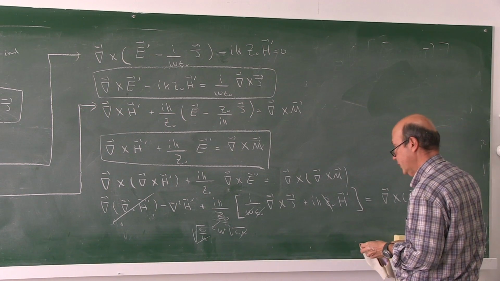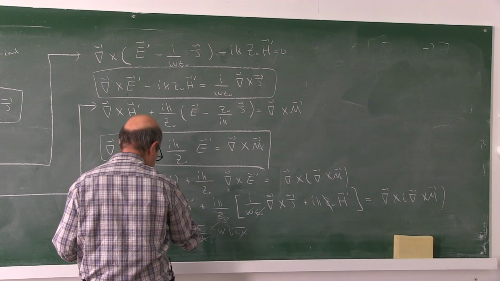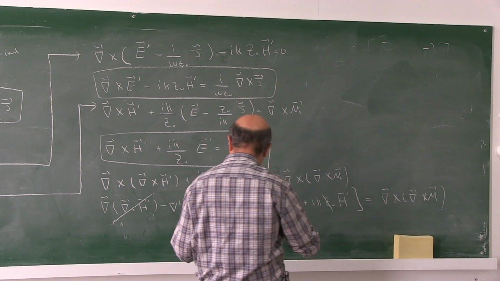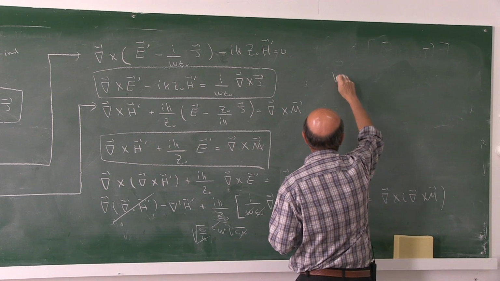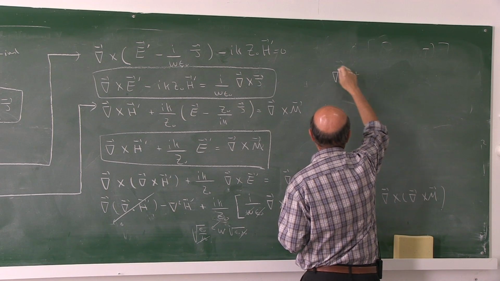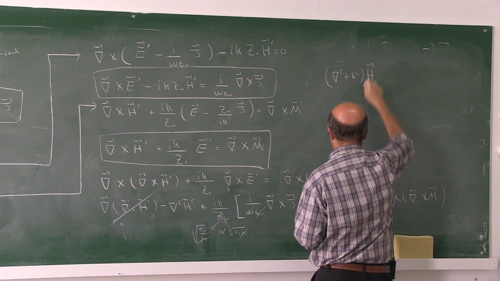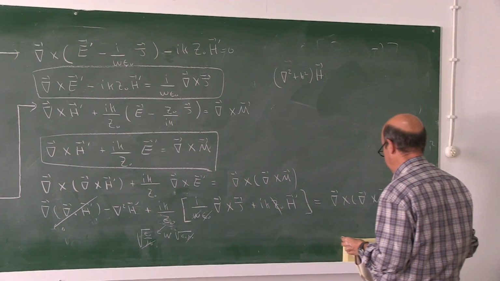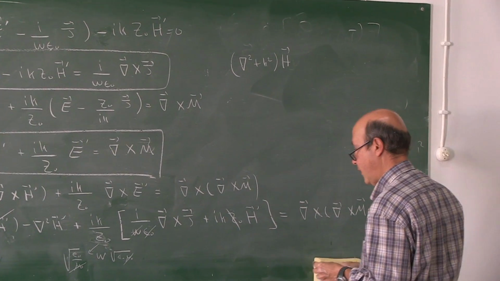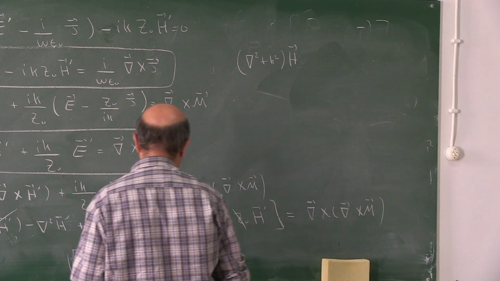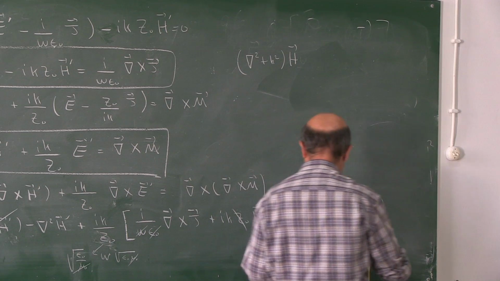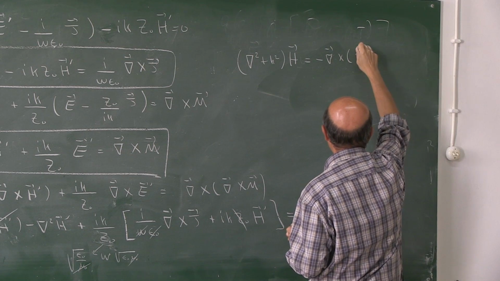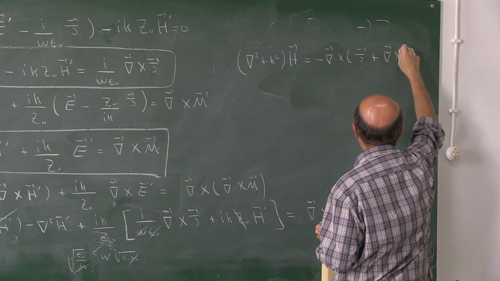So then that means that you have a non-homogeneous wave equation. That is minus Laplacian of H prime, and here minus k square H prime. So multiply with minus, make it positive. So that should be Laplacian plus k square H prime equal to what? If you take this to the other side and multiply with minus, you will get minus curl of J plus curl of magnetization.